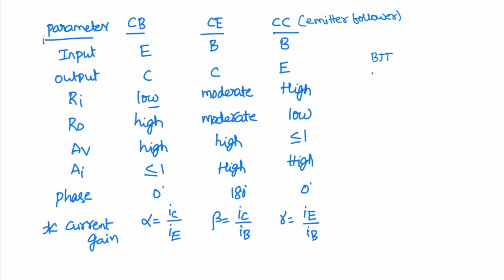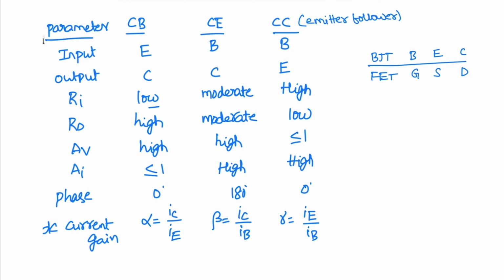In BJT and FET, the base is the gate, the emitter is the source, and the collector is the drain. So common base configuration is common gate configuration, common emitter is common source, and common collector is common drain. Both are the same.